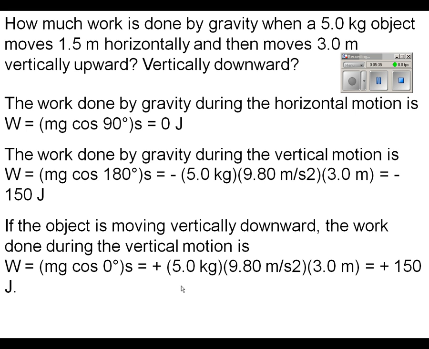And then when you move it vertically downwards, you get positive 150 joules because it's force times displacement. And remember, I'm treating this 9.8 as 10. So it's 5 times 10 times 3 is 150, and it's positive because the displacement is down and the force is down.